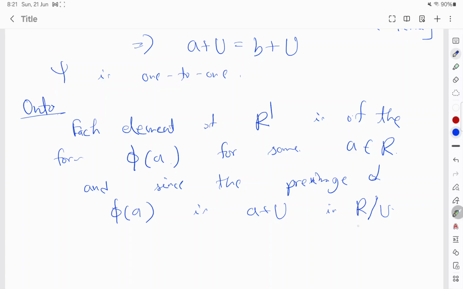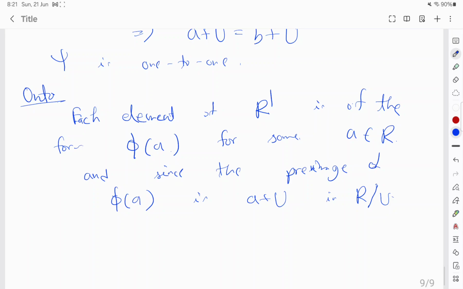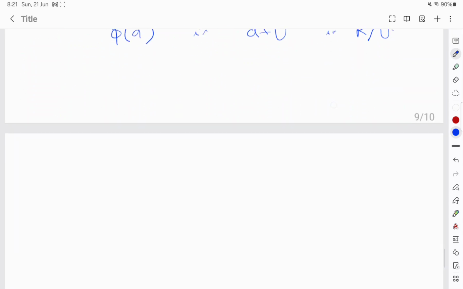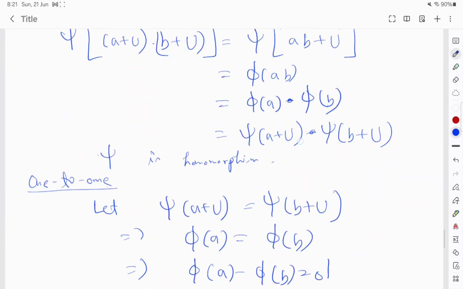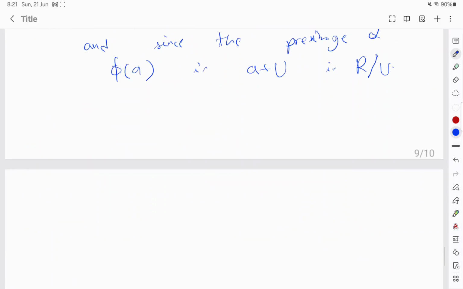So every element of R dash has the form phi of a; you don't have any other element. Okay, so it is satisfying all the things, and therefore psi is an isomorphism.